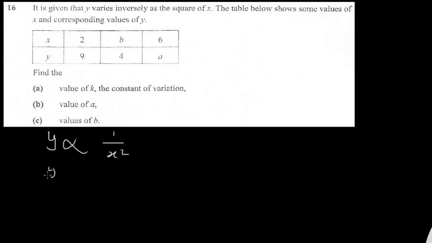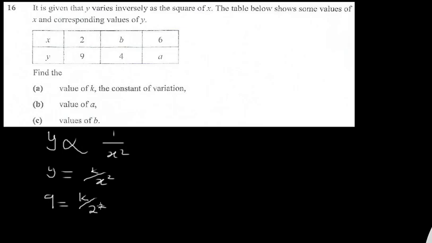And if we are to replace this with an equal sign, we would have y equals k over x squared. And these are the corresponding values of x and y. So when x is 2, y is 9. So when y is equal to 9, we have k over x, which is 2 squared.